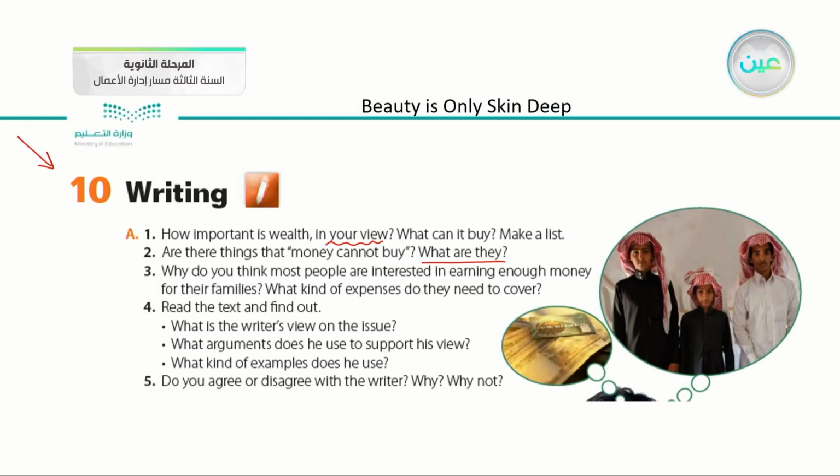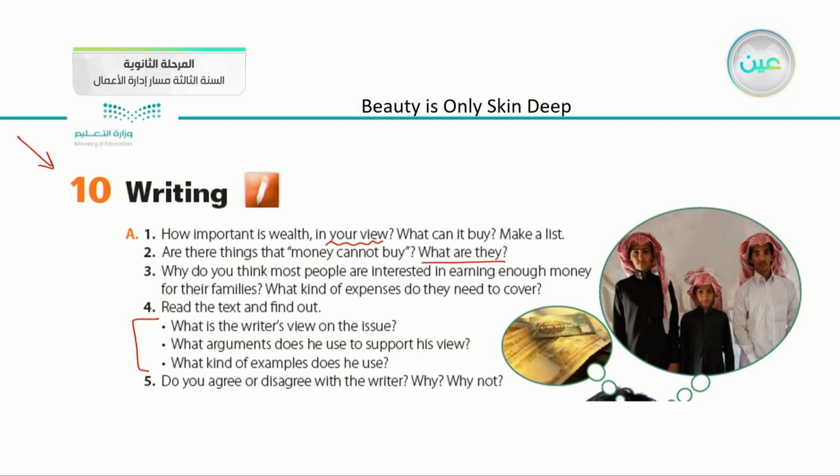Number 3, why do you think most people are interested in earning enough money for their families? What kind of expenses do they need to cover? Number 4, read the text and find out. These are questions that you can go back and answer after you read the paragraph, the text. The last one, do you agree or disagree with the writer?